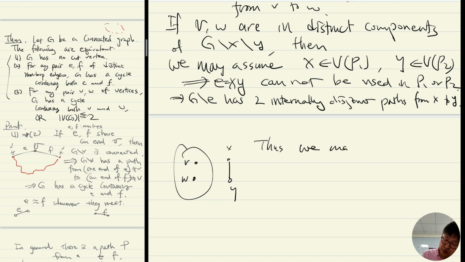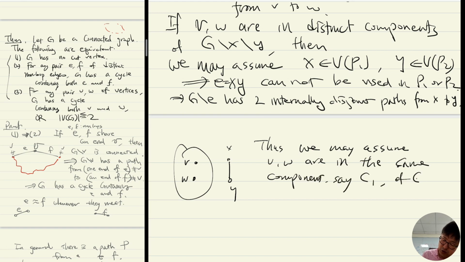Thus, we may assume v, w are in the same component, say C1 of G delete x delete y, and P1 uses e, right? So this is P1 and P2. Now, what should we do?